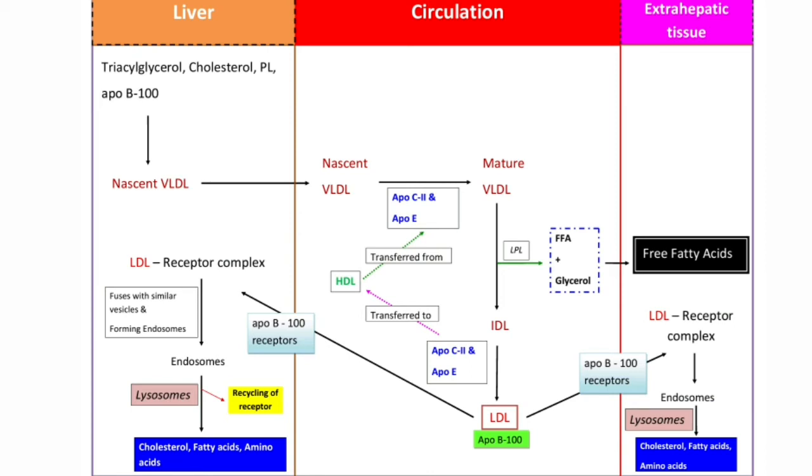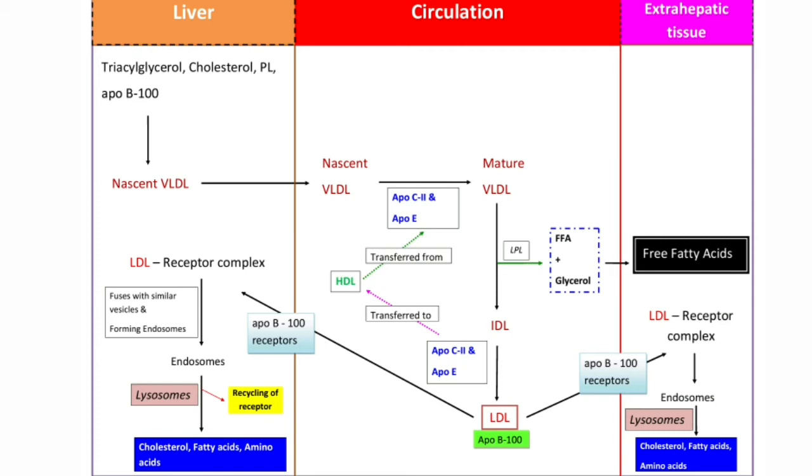The third reaction, that is the reaction with lipoprotein lipase, results in the loss of 70 to 90% of triacylglycerols, causing a decrease in the size and increase in the density of VLDL. After the degradation of triacylglycerols of VLDL by lipoprotein lipase, it is converted into VLDL remnant or IDL, that is intermediate density lipoprotein.